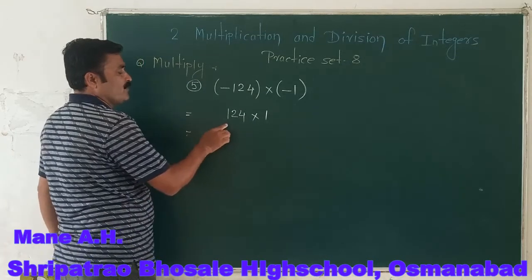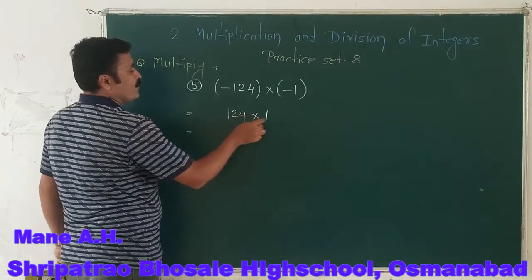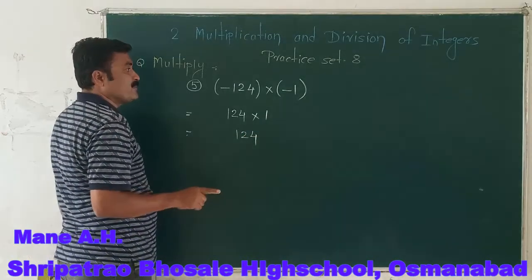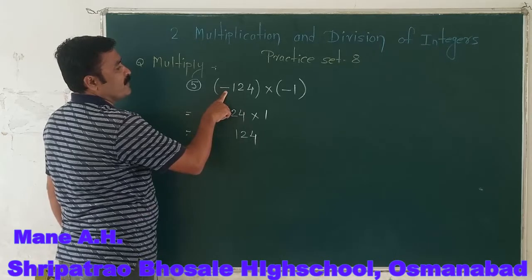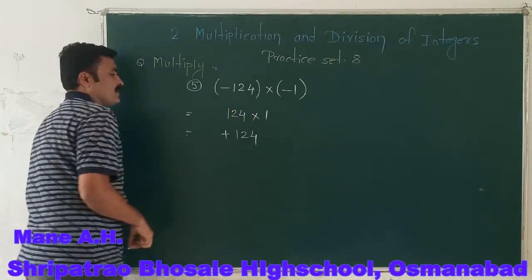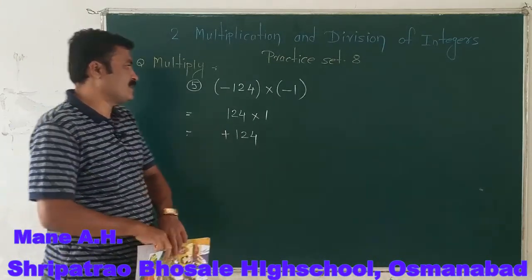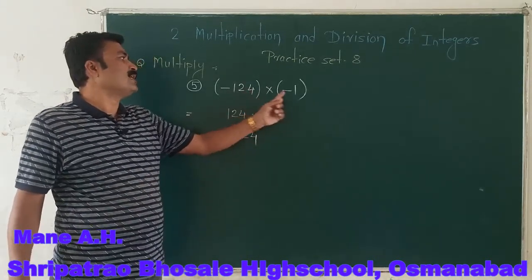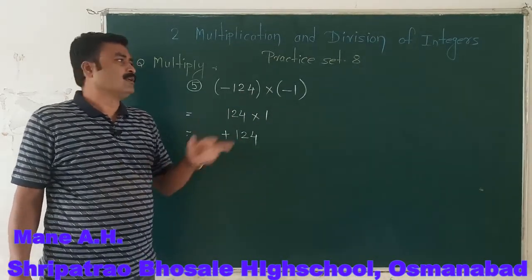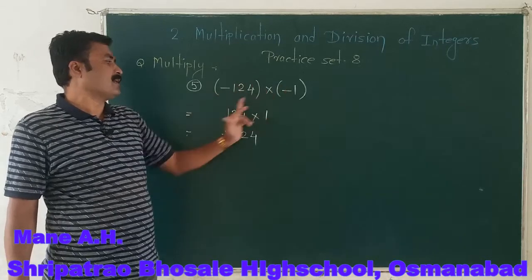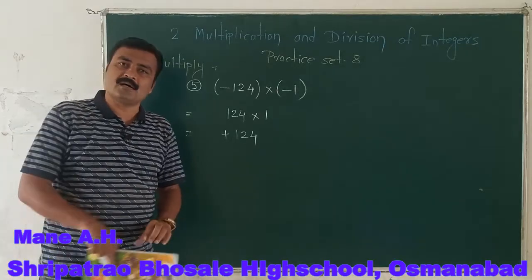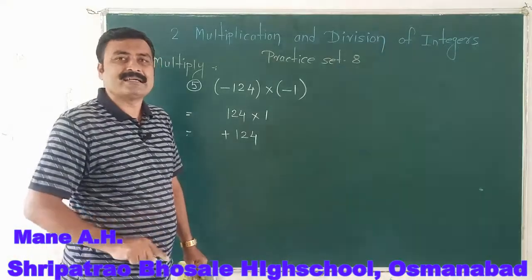So 124 into 1 is 124 as it is. Now let's take the product of their signs. Minus into minus always gives plus. So from this example I am saying the product of two negative integers is always a positive integer.